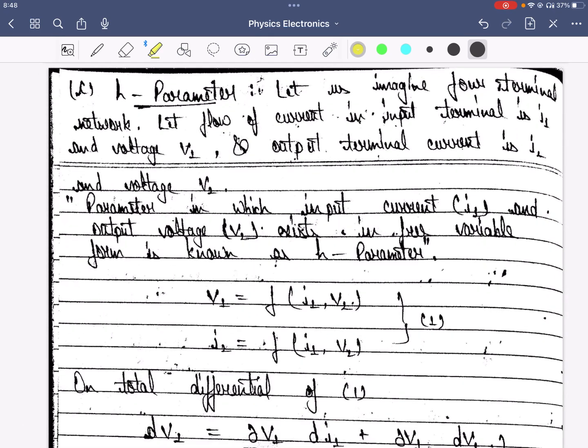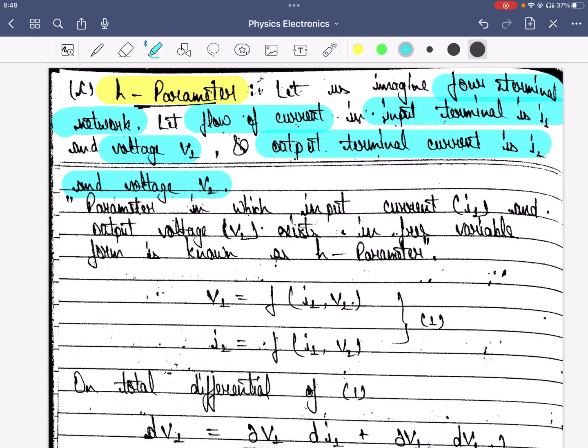Now the third one is the h parameter. So let us imagine a four terminal network. The flow of current in input terminal is I1 and the voltage is V1 and the output terminal current is I2 and the voltage is V2.